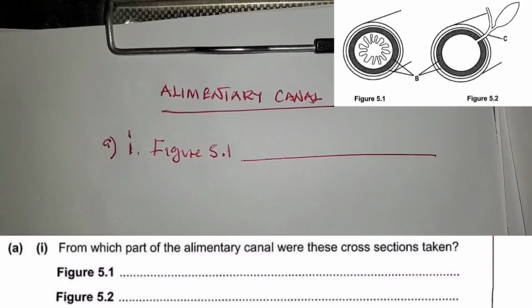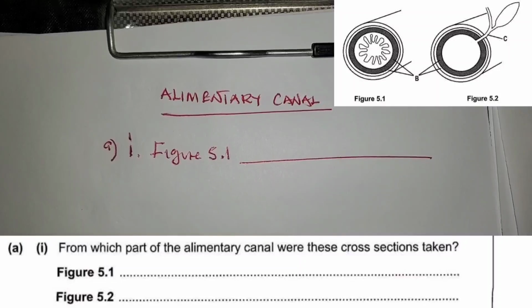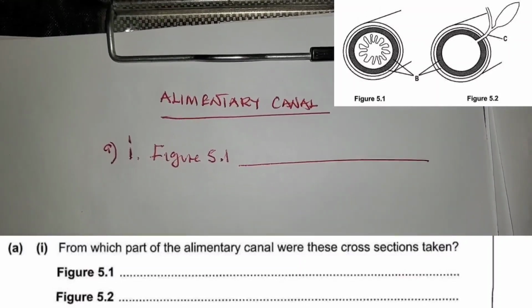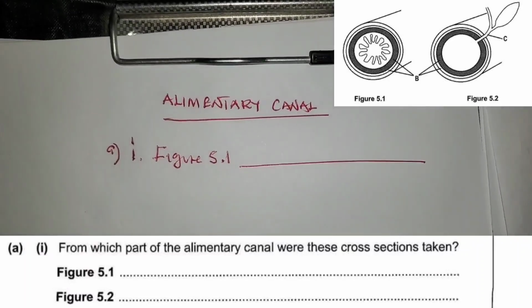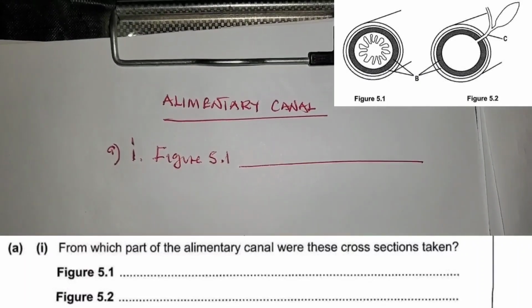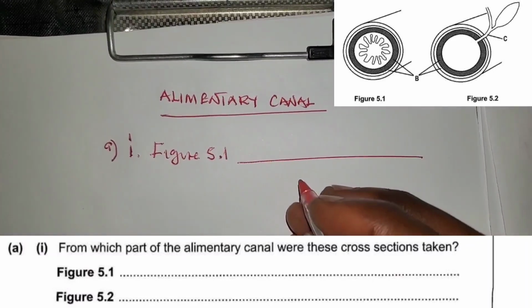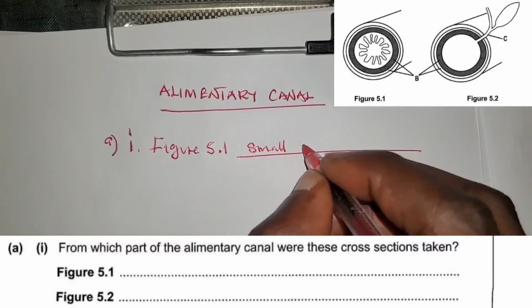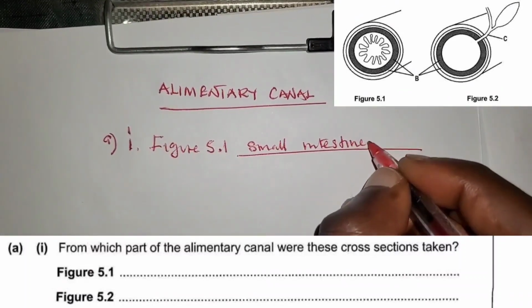So for figure 5.1, look at 5.1. In the inner lining of 5.1, you have those protruding structures, those elongations. Those are called villi, and villi are only present in the ileum or small intestines. Okay, so you can say small intestines.